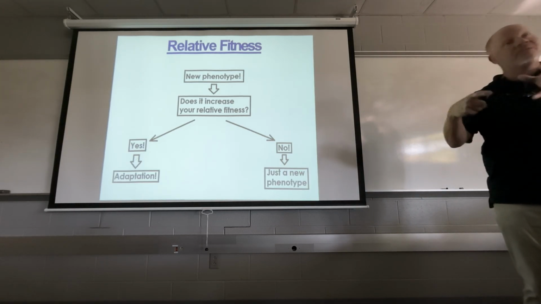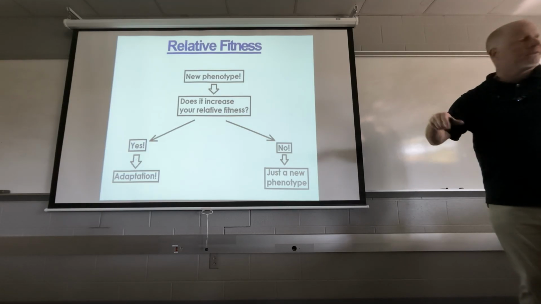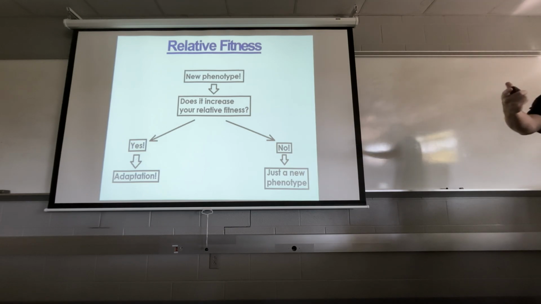And how many of them then reproduce to produce another generation? And so forth. So relative fitness is first, do you reach reproductive age? And do you produce babies? And do those babies survive and produce new babies? Okay? If phenotypes increase your relative fitness or your reproductive success, then yes, they're adaptations. If they don't, then they're just a new phenotype.